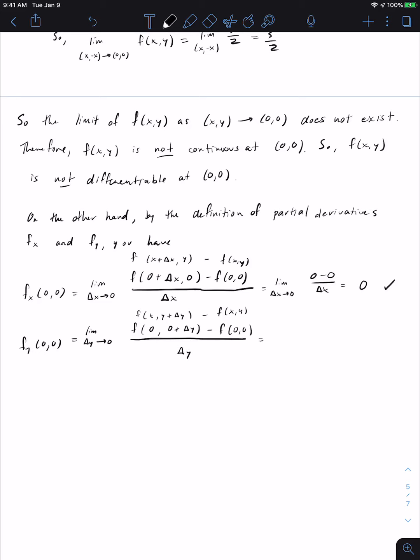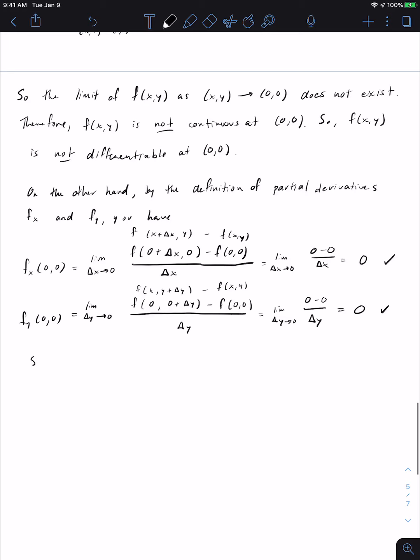And the same thing happens. I end up getting 0 when I plug in 0 and delta y, and then I get 0 because the function value at 0, 0 is 0, over delta y. And again, even though delta y is going to 0, the numerator is 0, so it's just the constant 0, so we're good, right? So we showed that the partial derivatives exist and equal 0.